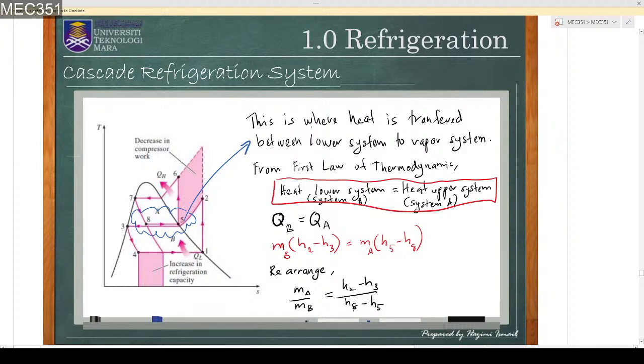So MB times H2 minus H3. So this is what we got.